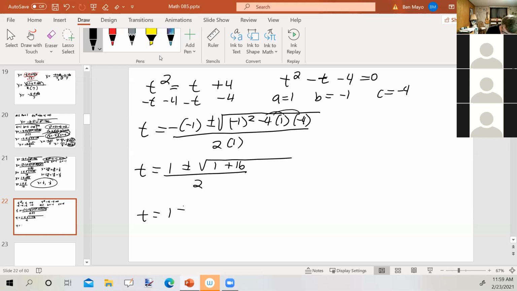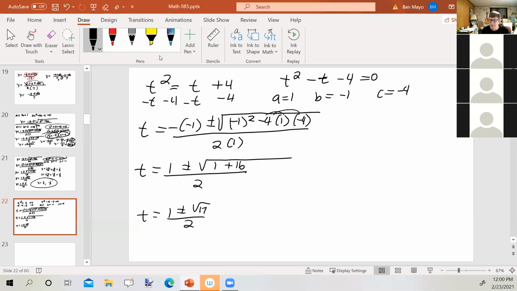So t equals 1 plus or minus the square root of 17 over 2. Now, the square root of 17 doesn't simplify, so I'm going to get two answers, both involving the square root of 17.